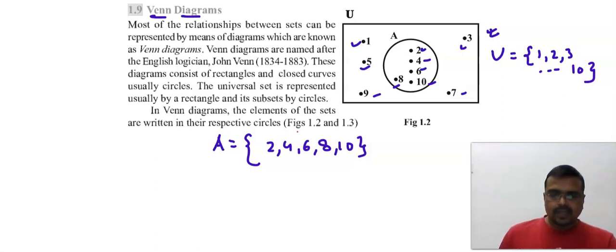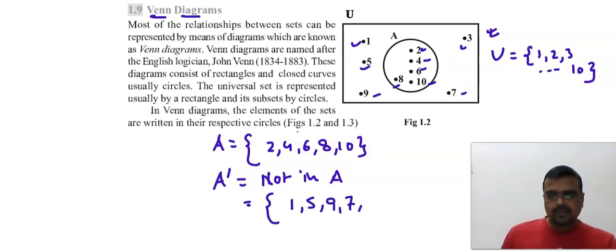So I can say that it is A complement. Complement means not in A, right? Let me write that, not in A. So which are those elements not in A? It is 1, 5, 9, 7 and 3. So these are the elements which are not in A. So that is called A complement.